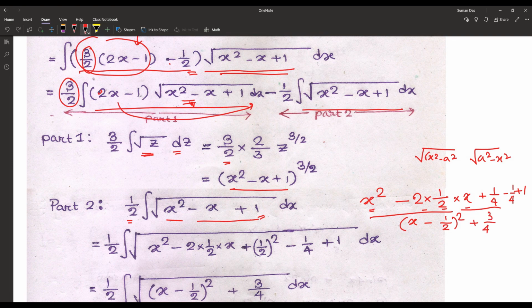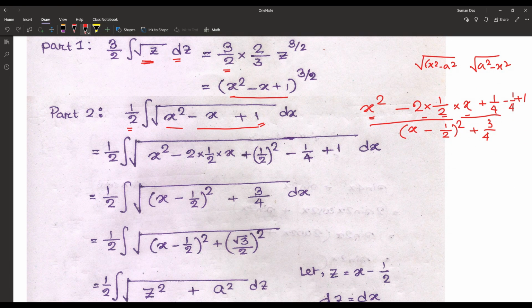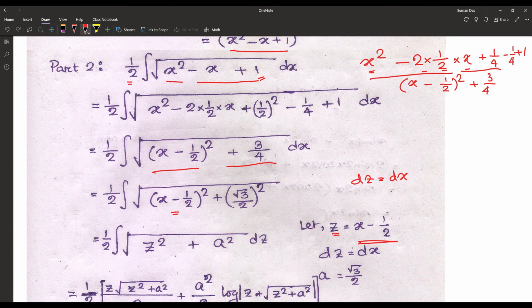Let's check the calculation here. If we consider z equal to x minus half, then dz is equal to dx simply, and a is equal to the square root of 3 by 2, so the square root of z square plus a square.